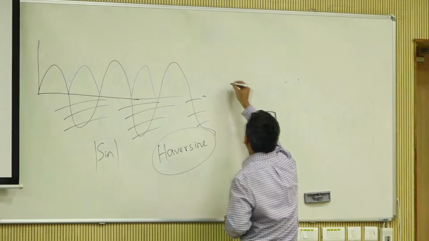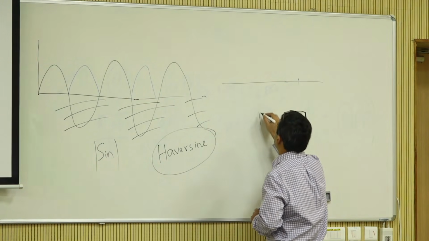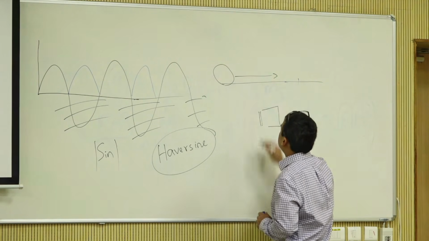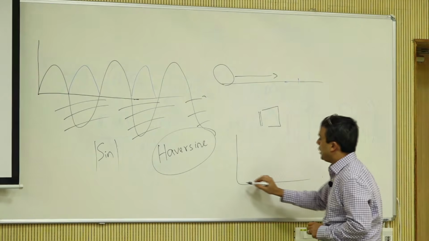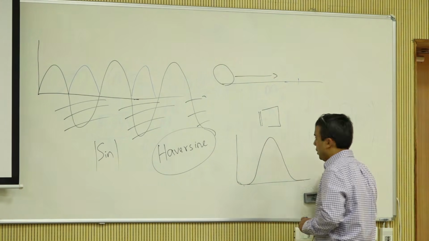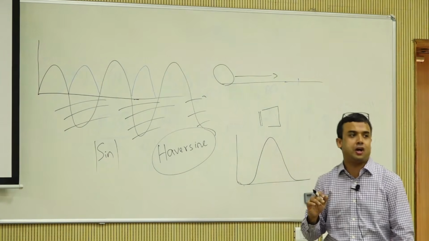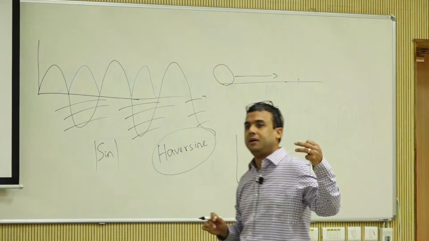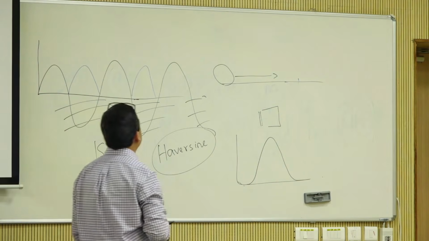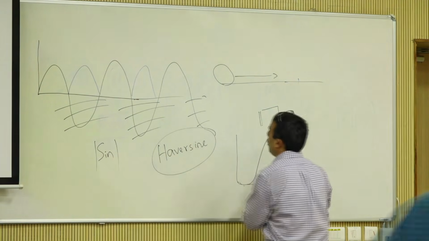When a soil element is here in a pavement and you have a wheel moving, then with time it will have zero, zero, zero, and then you will have some kind of a load pulse, because the influence zone basically moves from one side to another. That's your load pulse.